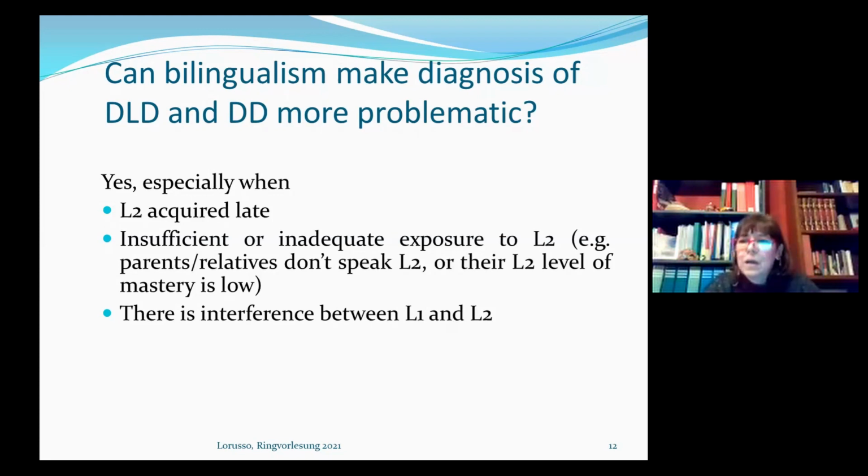So the language to which the child is exposed in the family can be a non-perfect version of the L2. And this adds to the normal interference that is generated between L1 and L2 in bilingual or multilingual contexts.